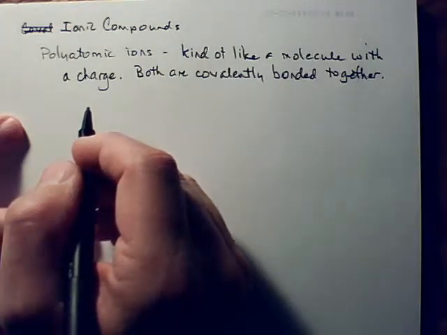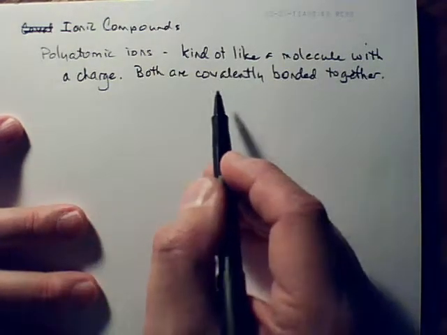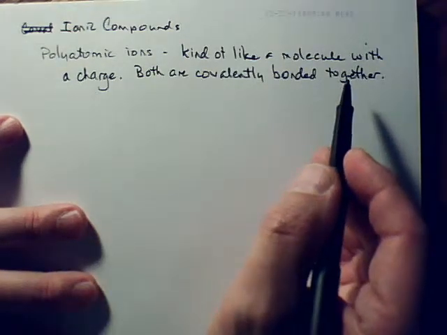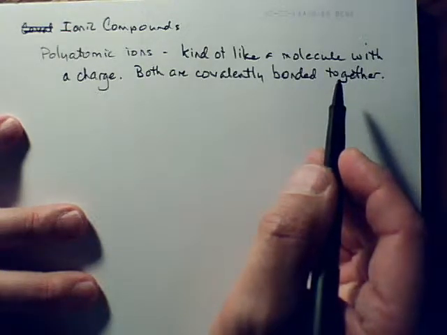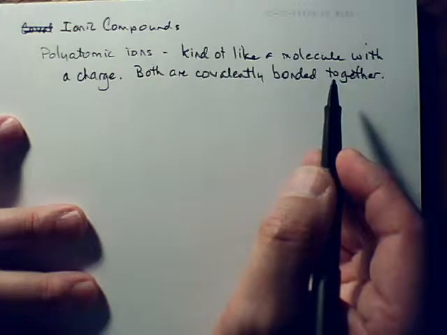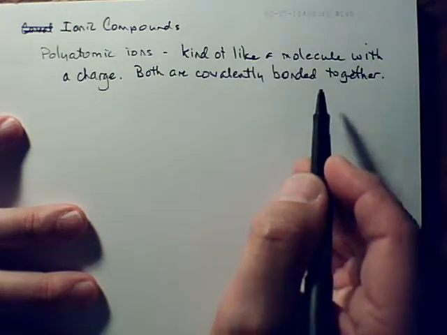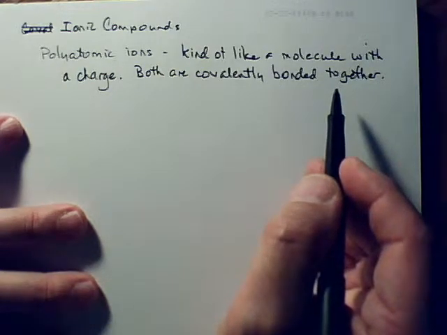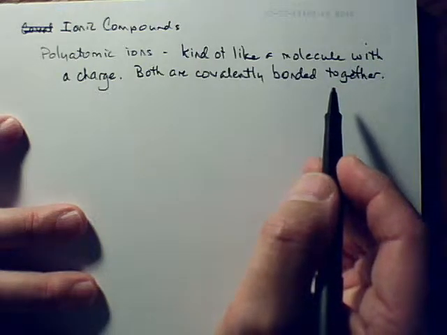Like an ion, if it has a positive charge, the overall covalently bonded structure has more protons than electrons. If it's a negative ion, the overall covalently bonded structure has more electrons than protons.